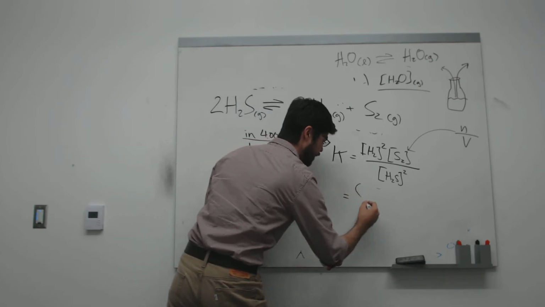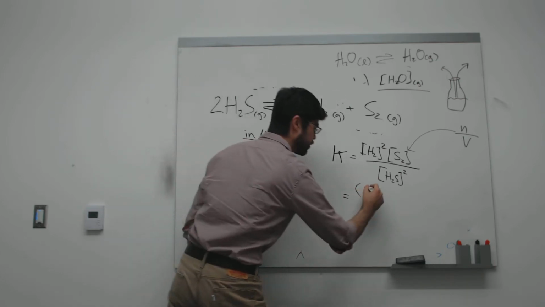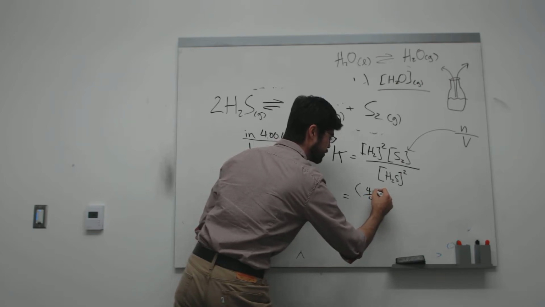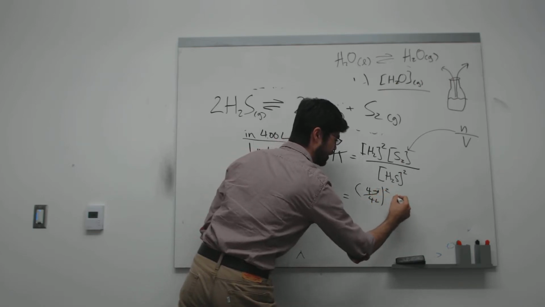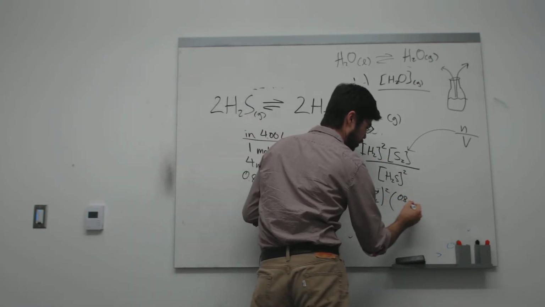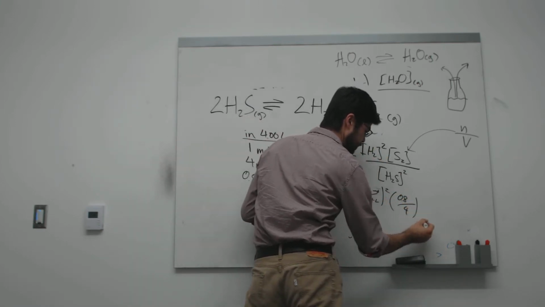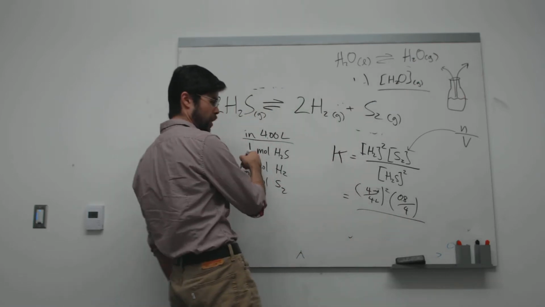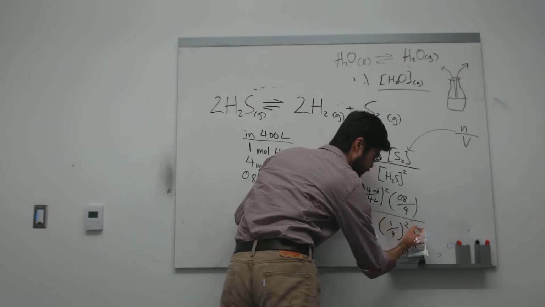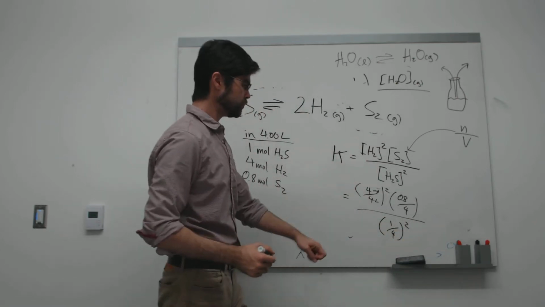So I get a concentration here of 4 moles per 4 liters squared times 0.8 over 4, and then 1 mole over 4 squared.